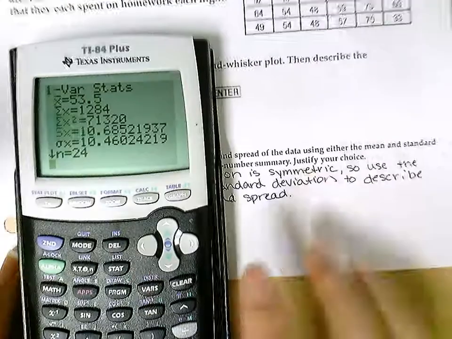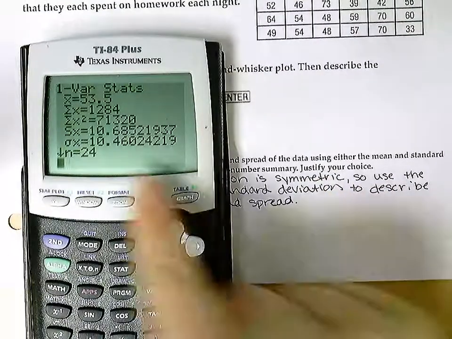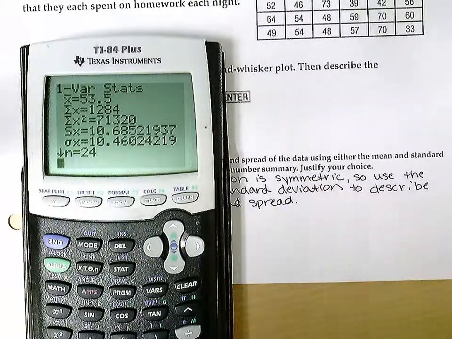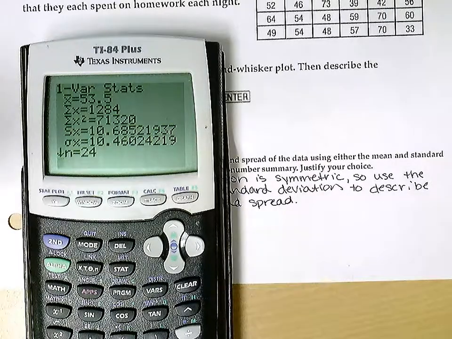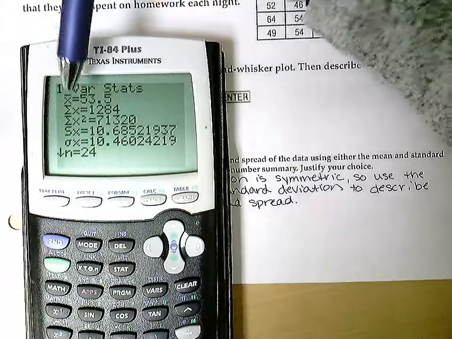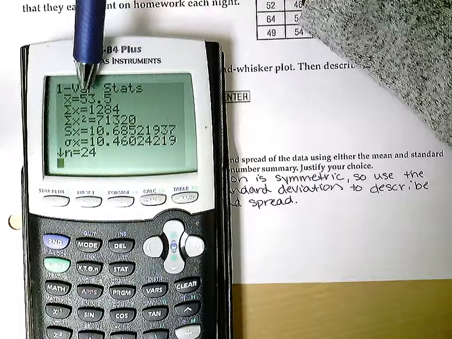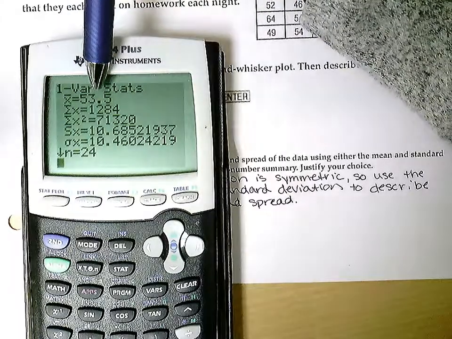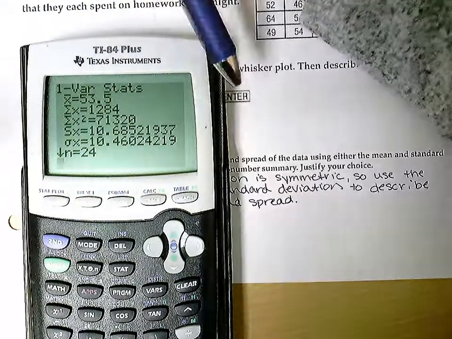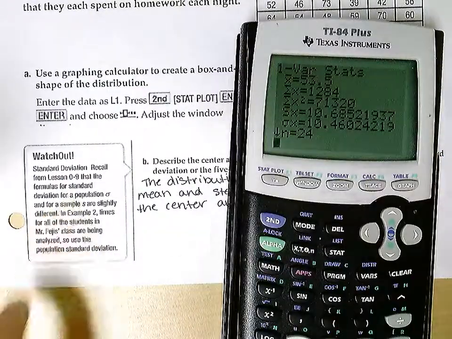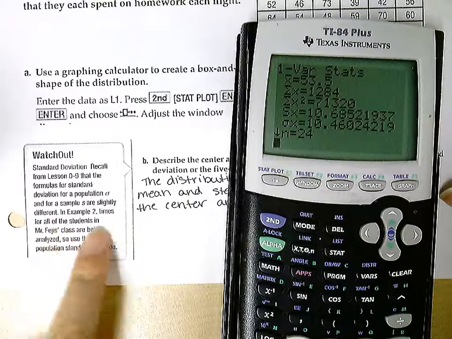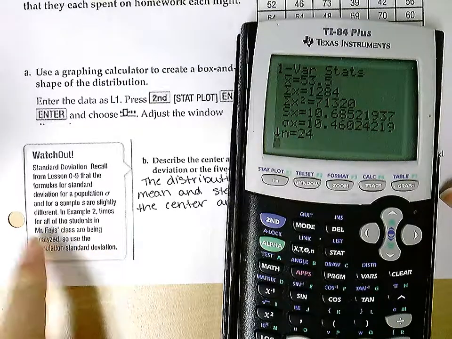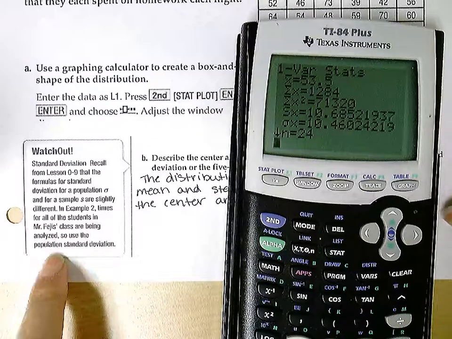No. We're using the mean and standard deviation. So which one is the mean? The one with the x-bar. X-bar is the mean. That's 53.5. Your standard deviation, since we're using the whole class, we want to use the population standard deviation.